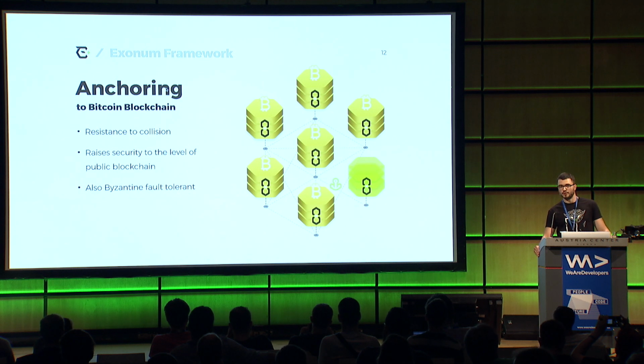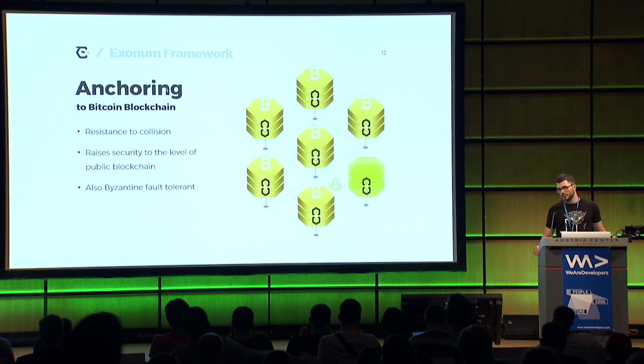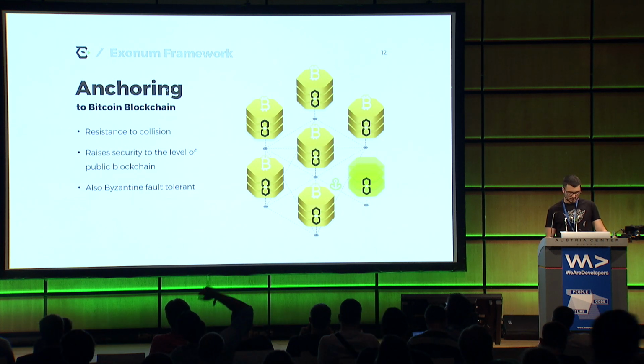It also increases the level of security because Bitcoin is a public blockchain, right? And if you want to rewrite some piece of our private blockchain, you need to rewrite Bitcoin first. So good luck.